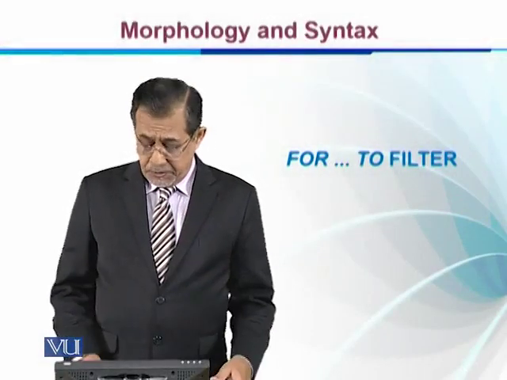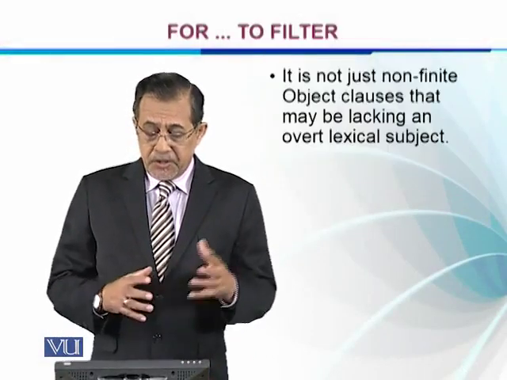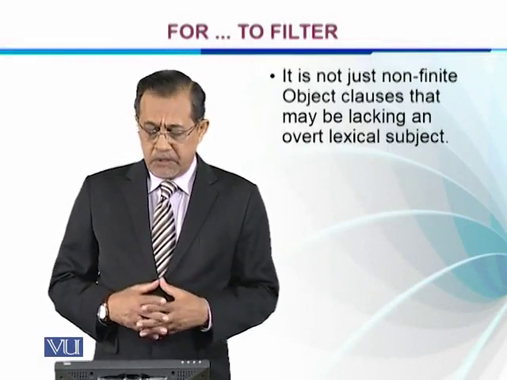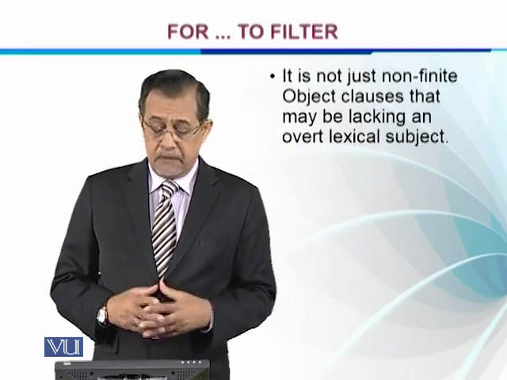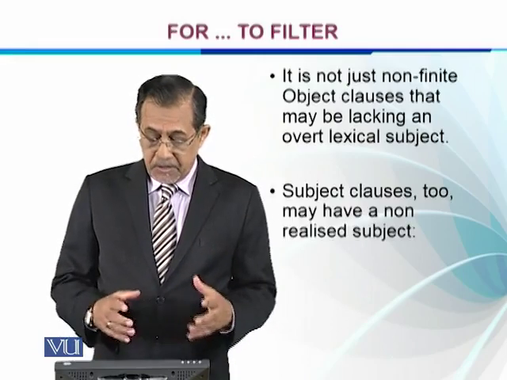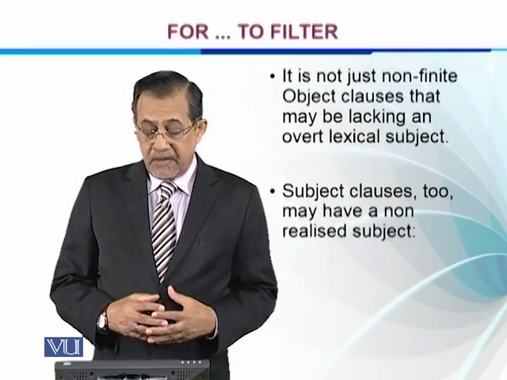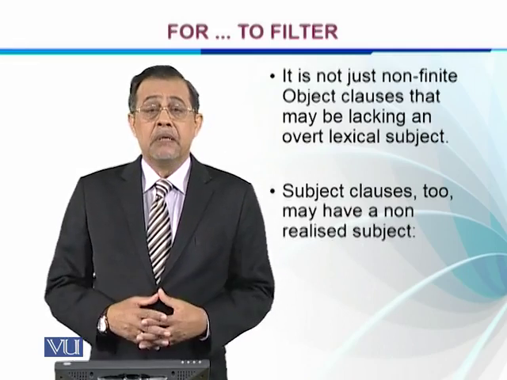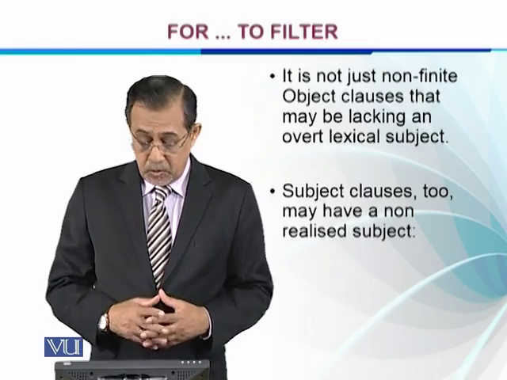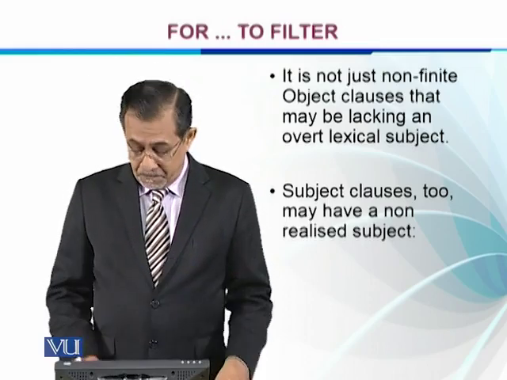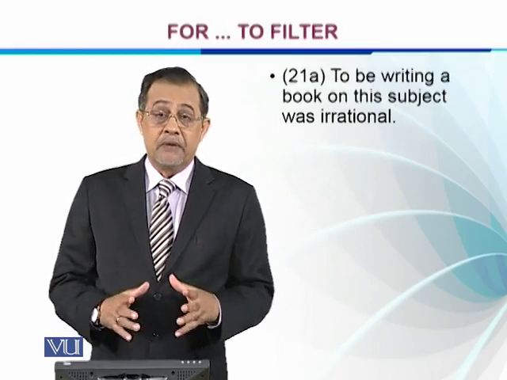It's not just non-finite object clauses, as we've been talking about, that may be lacking an overt lexical subject. Subject clauses too may have a non-realized subject. So there can be certain sentences in which there is a subject, but it is a non-realized subject, the actual subject of the verb.